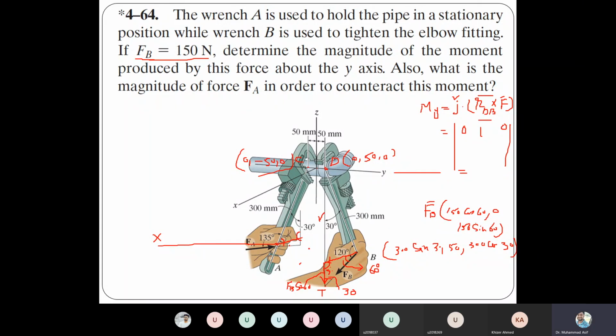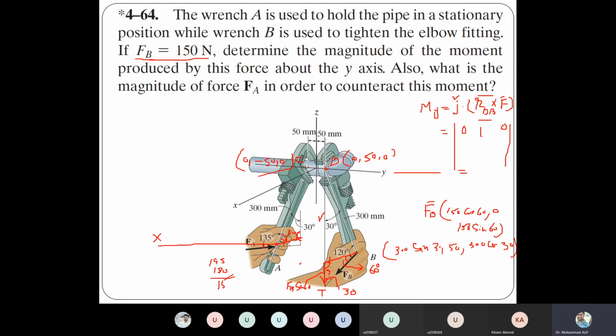If this is 90, this is 90, this is 30, what is the remaining angle? 60. So if this is 60, how much is that angle? This is 195, because 135 plus 60 is 195, and 195 minus 180. How much is that?